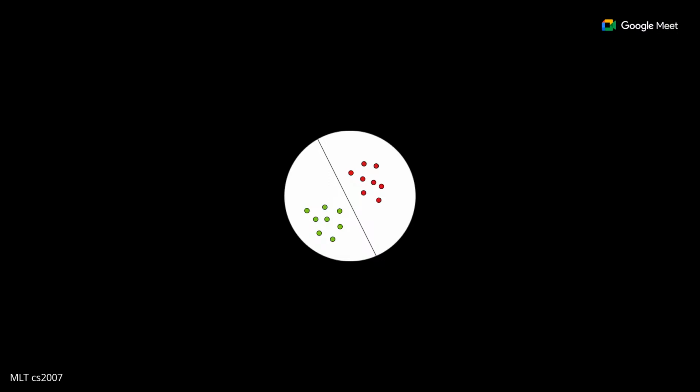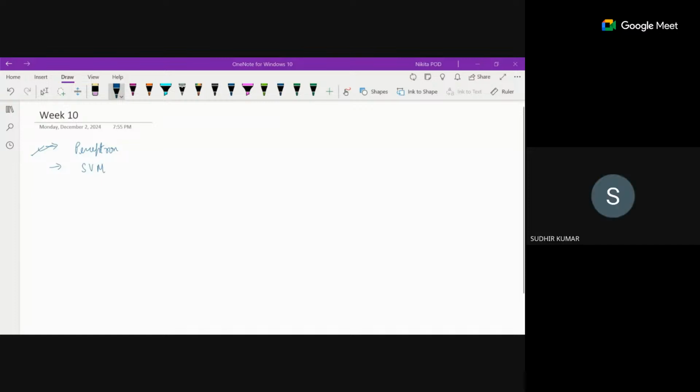Can anyone tell me what the number from perceptron? Where can you perform perceptron? What kind of data set? When the data set is separable with gamma margin. Yes, it is linearly separable.